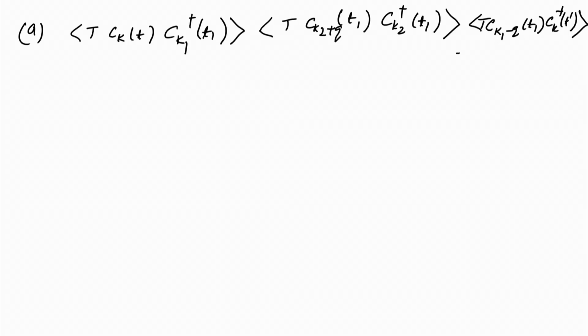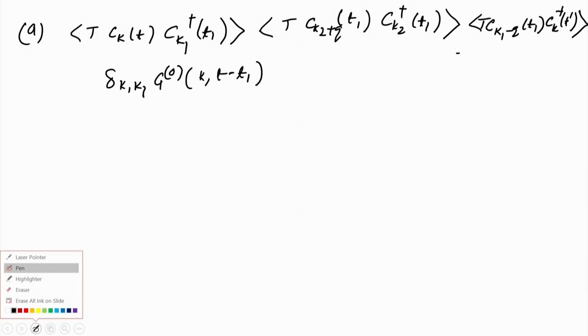So, setting that aside for the moment, we would write this one as delta k k1 and G0 k (t minus t1). Okay. And so, just to remind you that a factor of i is what we have dropped so far, but we will get it back once we do more thorough calculations. So, this is the first term.